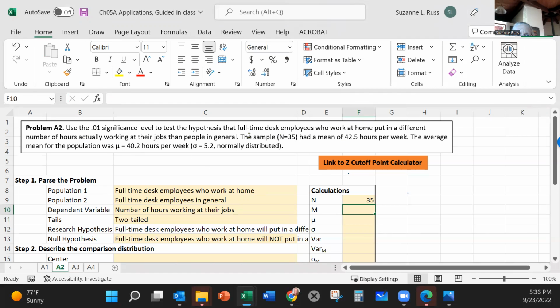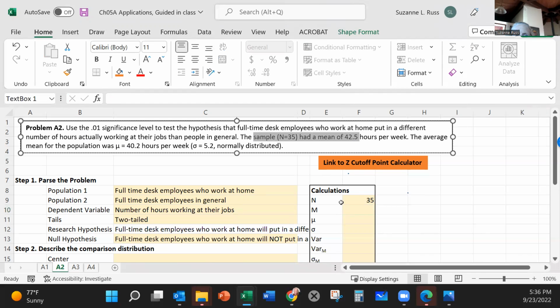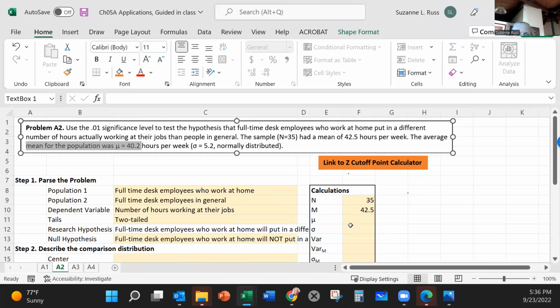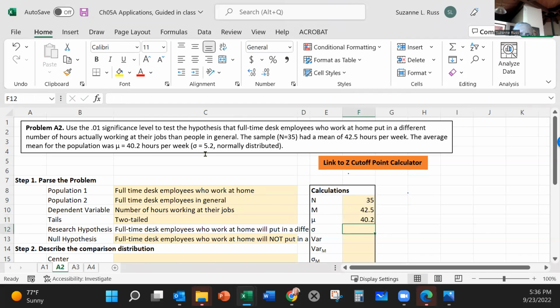I can see right here, the sample had a mean of 42.5 hours per week. So I'll write 42.5. Next, we need mu. Here we have the mean for the population was mu equals 40.2. So I'll put 40.2. Next, we have sigma, and we're given sigma 5.2.